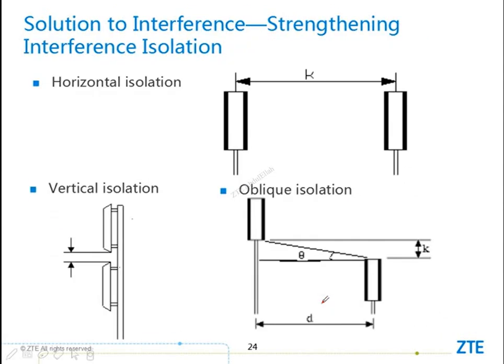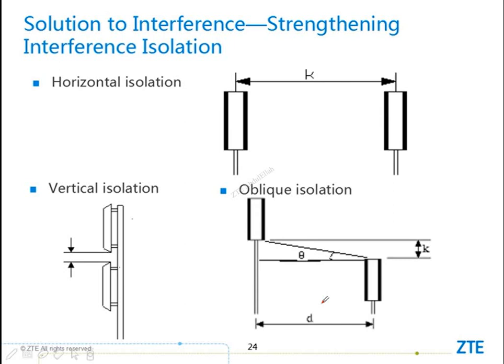Finally, if there is inter-RAT interference, how do we solve this problem? Actually, at the beginning, you need to be clear about your antenna and feeder system.